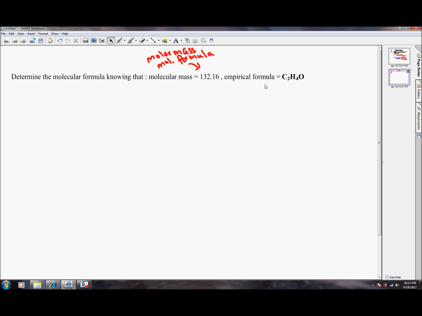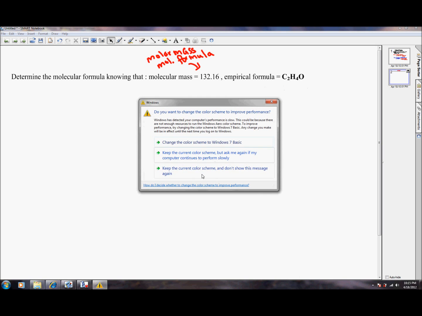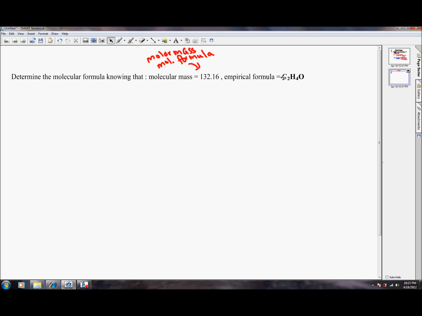So we have the two pieces of information that we need, which is the empirical formula. Remember, this is the simplest ratio. So 2 carbons, 4 hydrogens, 1 oxygen is the simplest ratio. And we know the mass of the actual or molecular formula.